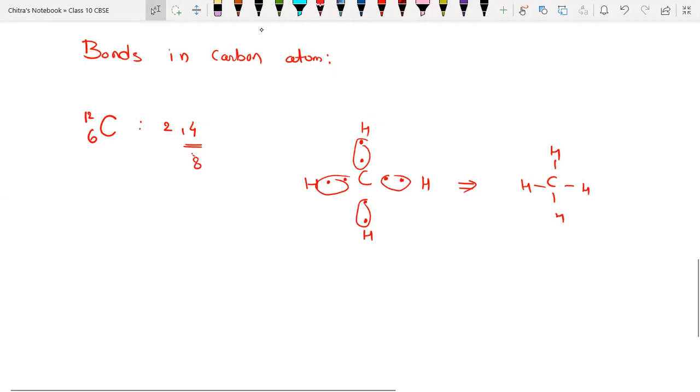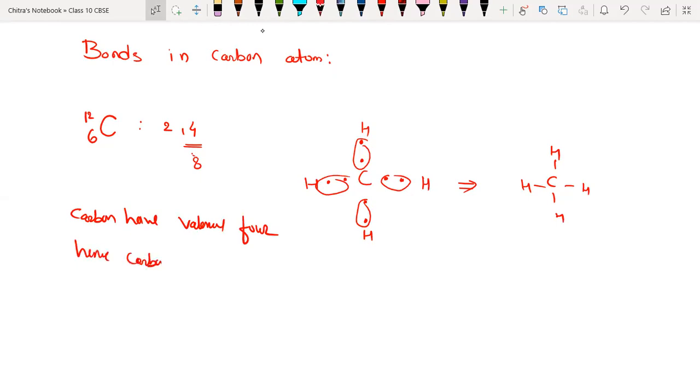Carbon is going to form 4 bonds all the time because its valency is 4. Hence carbon will form 4 bonds.